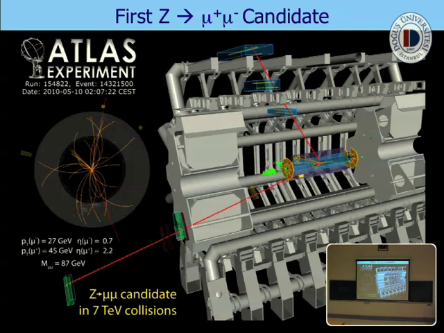And we see that these are quite high energetic muons, with momentum 27 GeV and 45 GeV, and it passes through layers in the endcap. Then we measure sagitta, we don't calculate, we measure sagitta, and we calculate the momentum of the muons. Once we have momentum, we can calculate the invariant mass, and check it to say if it's a Z candidate or not a Z candidate.